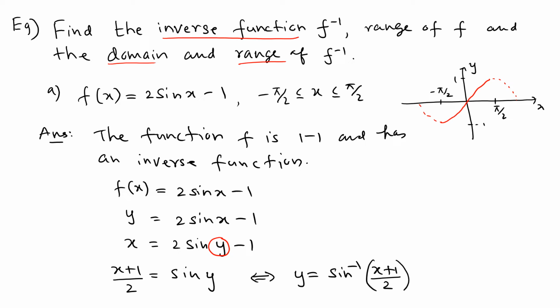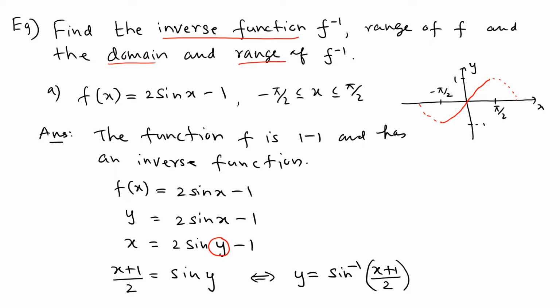This comes directly from the definition, because if x plus 1 over 2 equals sine y, and y is in the appropriate domain, this is exactly the sine inverse function. So y equals sine inverse of x plus 1 over 2.